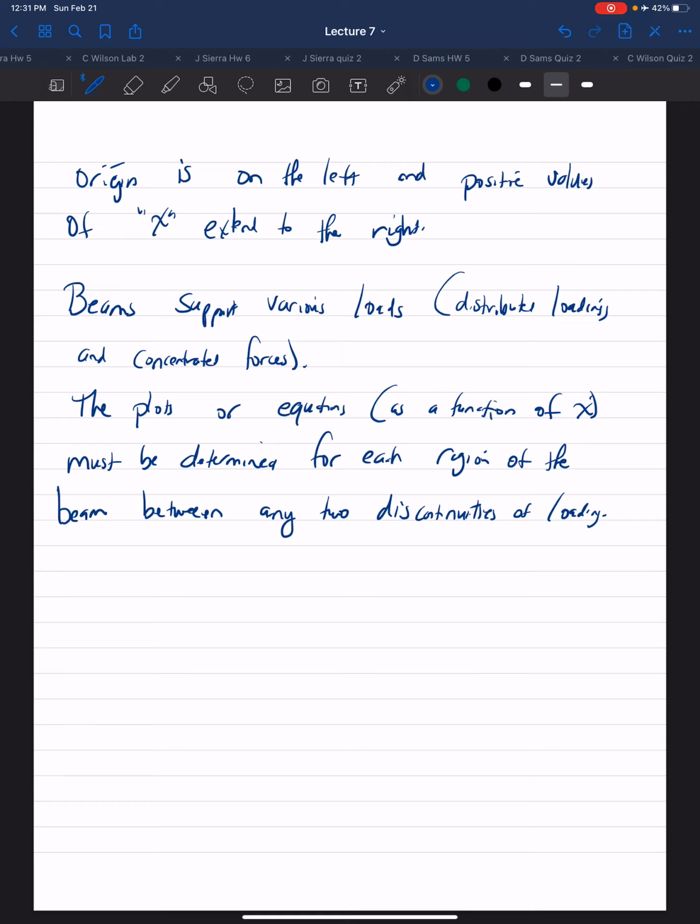Let's talk about beam sign convention. If you're distributing loading upward on the beam, then it's positive.